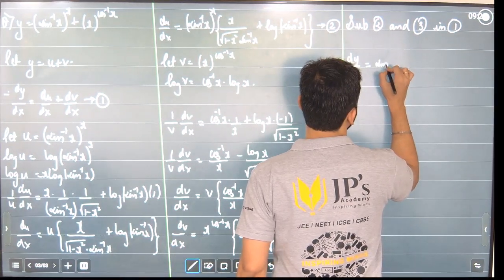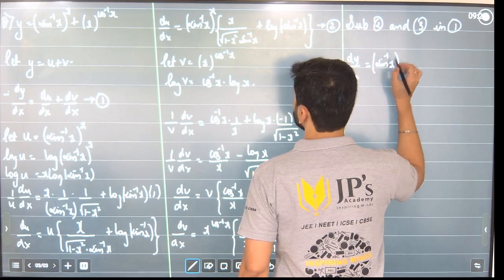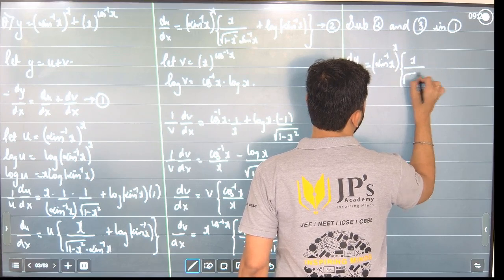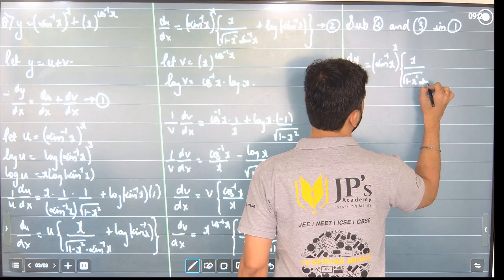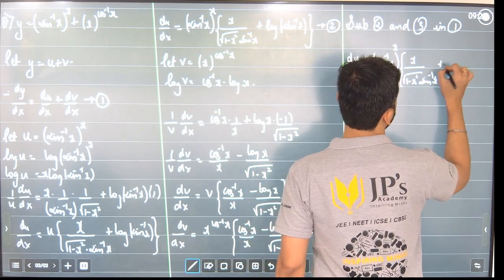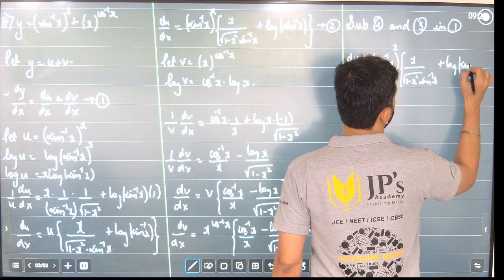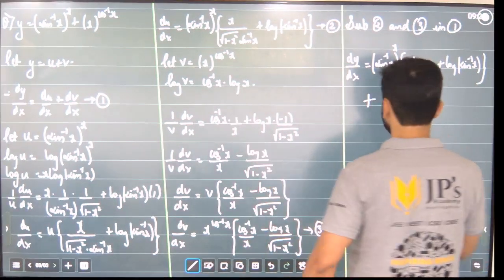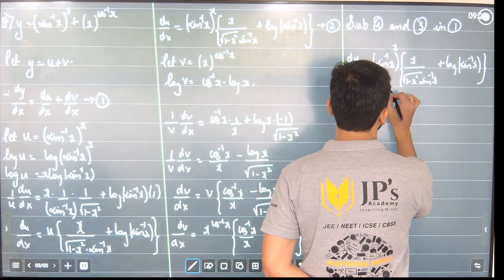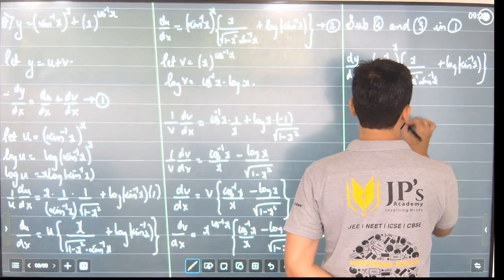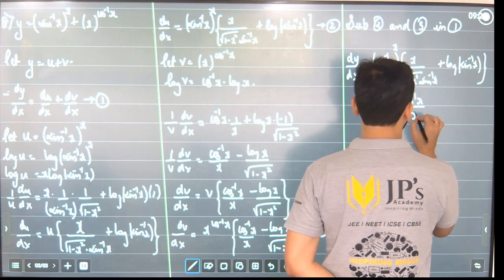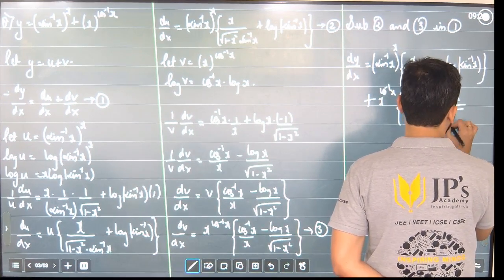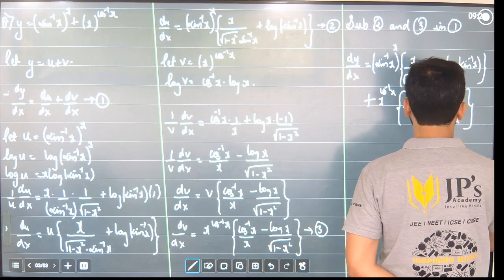So this will become sine inverse x, the whole raised to x, into x upon under root of 1 minus x square sine inverse x plus log of sine inverse x, plus this is x raised to cos inverse x into cos inverse x upon x minus log x upon under root of 1 minus x square.